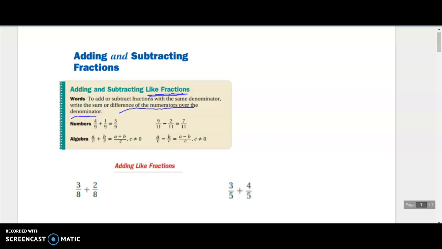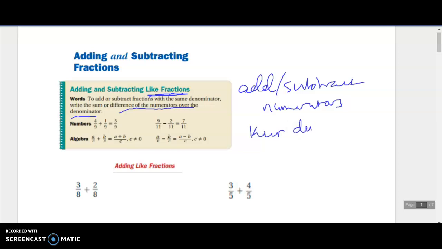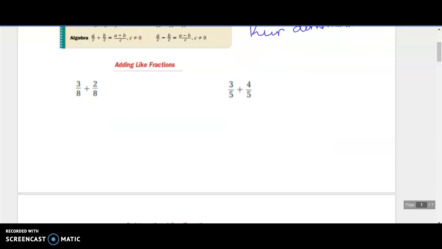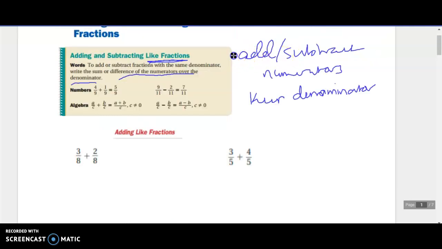So all you have to do is add or subtract the numerators and then keep the denominator. After you add or subtract and keep, you should always simplify.